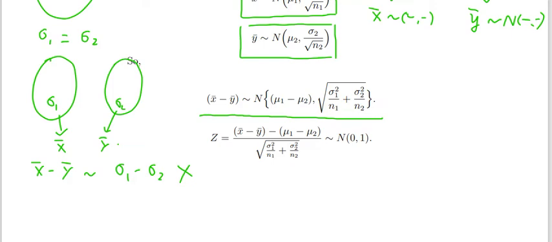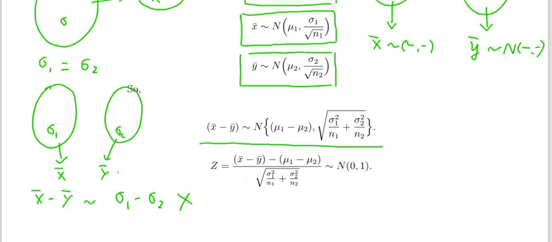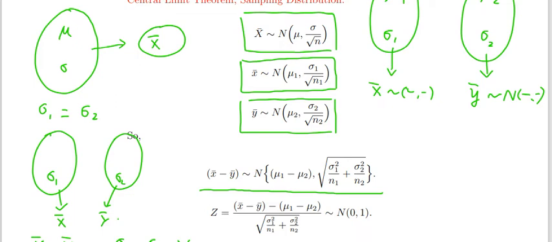Okay. So here we have this result: if we put them together, the variances should be added up. For this one, the variance is sigma 1 squared over n1, and for this one, the variance is sigma 2 squared over n2.